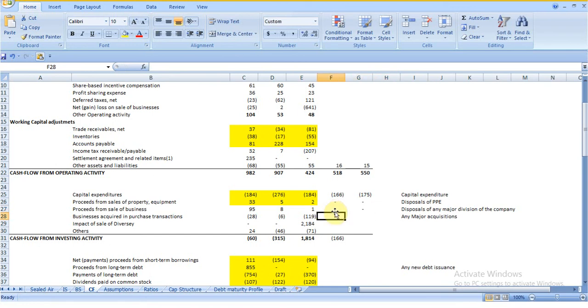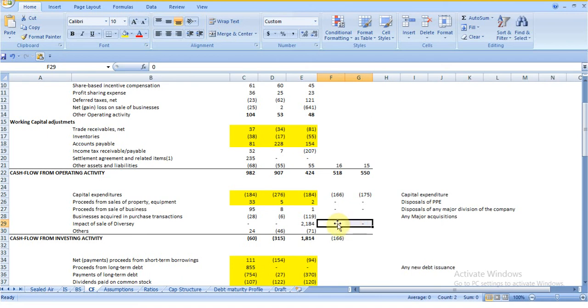Business acquired in purchase transactions and the impact of sale of diversity: these are two line items. The company had a division of diversity, as I said earlier, which they sold in 2017. That is why the 2 billion amount is appearing here. But in 18 and 19, until and unless the company specifically mentions in its outlook or guidance that they are going to spin off any business, I'm going to assume it zero.